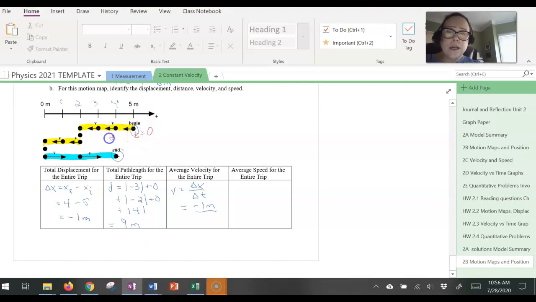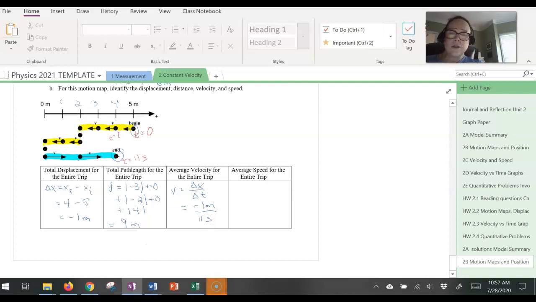And then I've got time 1, 2, 3, 4, 5, 6, 7, 8, 9, 10, 11. So here we have 11 seconds worth of data shown because we have 12 position dots. But the first dot is time 0. So this was -1 meters in 11 seconds.